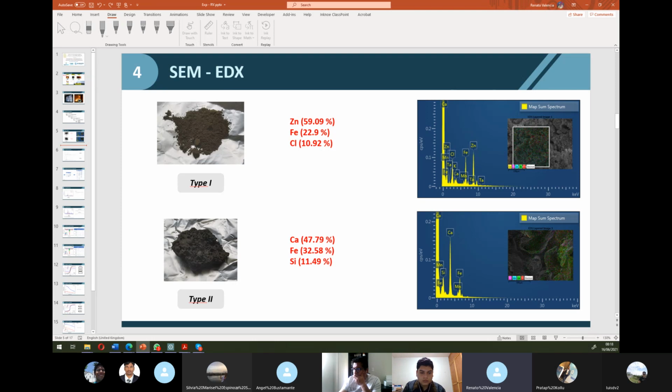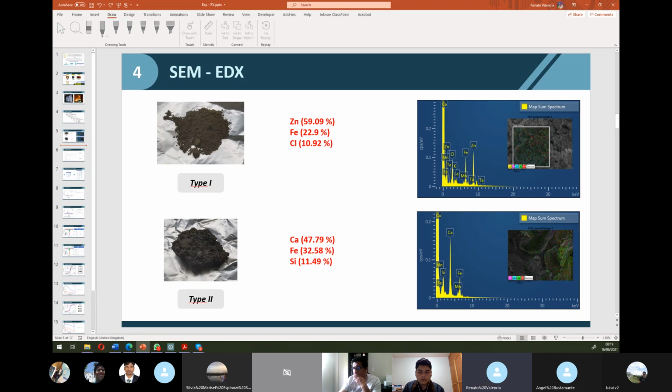In this part, we have EDX and a scanning electron microscope image. In this image, we also have a color mapping where each color represents a chemical element in the sample.